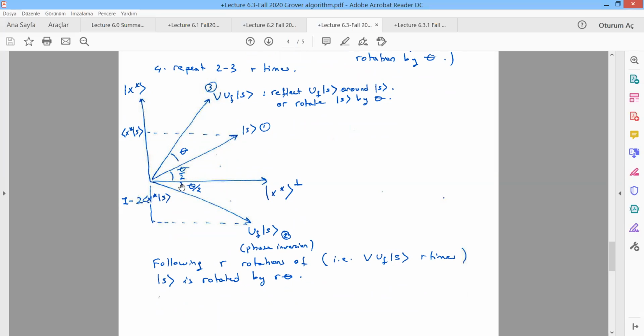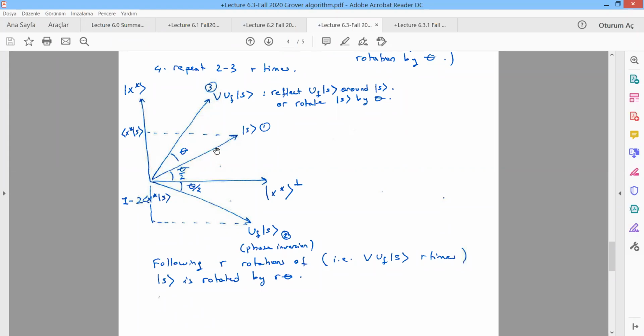So you apply this circuit r times, sufficiently many times so that eventually this starting state ket S approaches ket x star, which is the solution, right? Our objective is to reach the solution. So this is a geometric argument that shows this circuit we discussed.